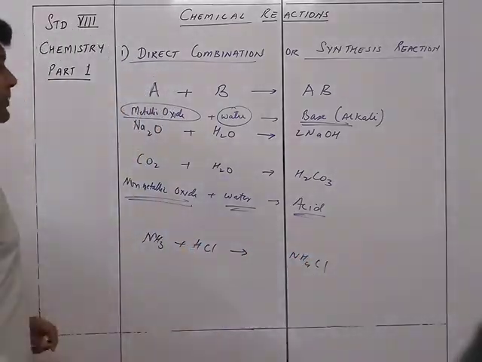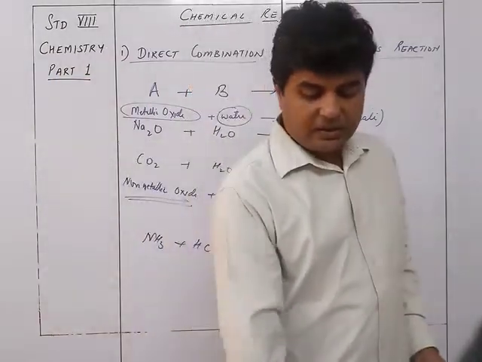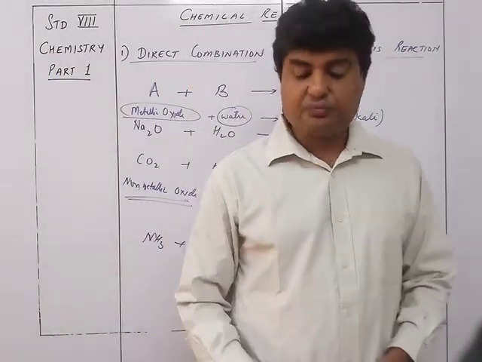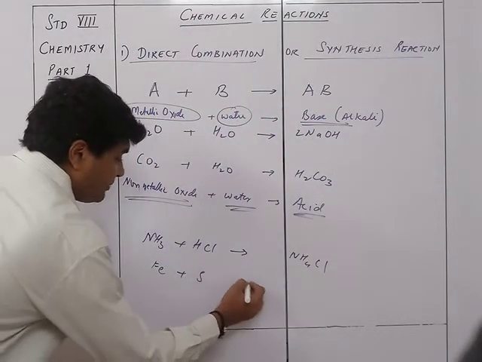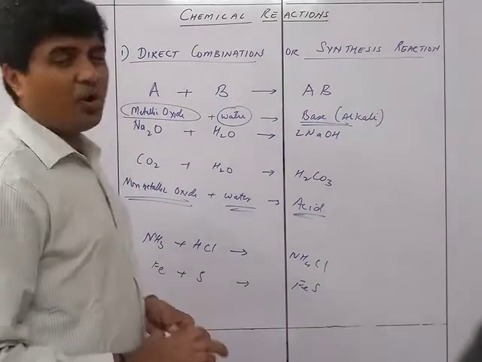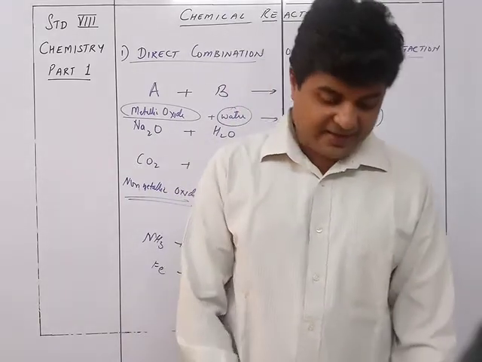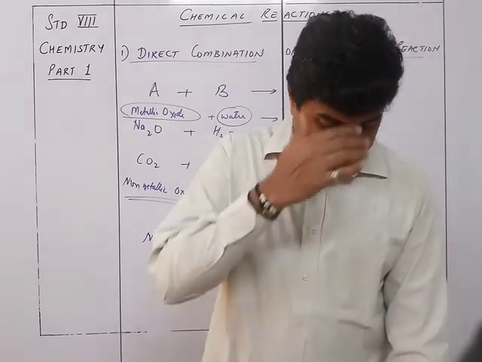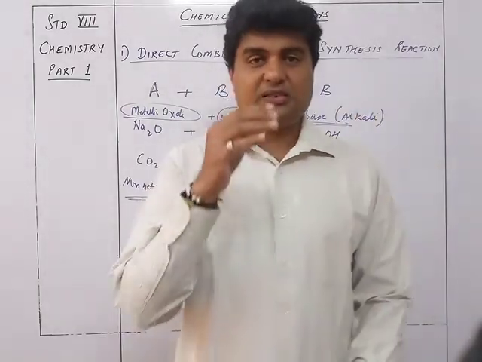This is also an example of direct combination reaction. Another example given in the textbook itself in the first part is Fe plus S giving me FeS. So this is also an example of direct combination reaction, or synthesis reaction. Now for the decomposition reaction, I'll take it in the next video.